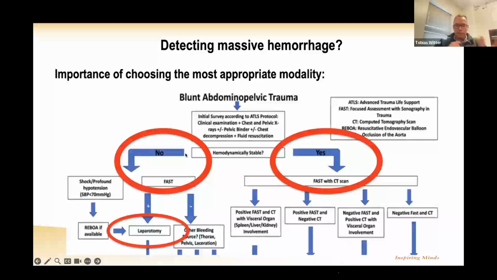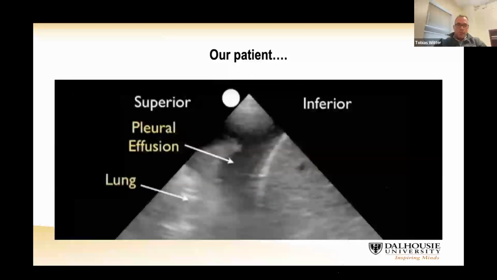Not going to go over all these other additional treatments, but the main determinant is, is my patient stable? Yes, no. If my patient is stable, I do have a little bit of time, although they can deteriorate real quick. If my patient is not stable, we will do a quick FAST. If the FAST is positive, they go to the OR.